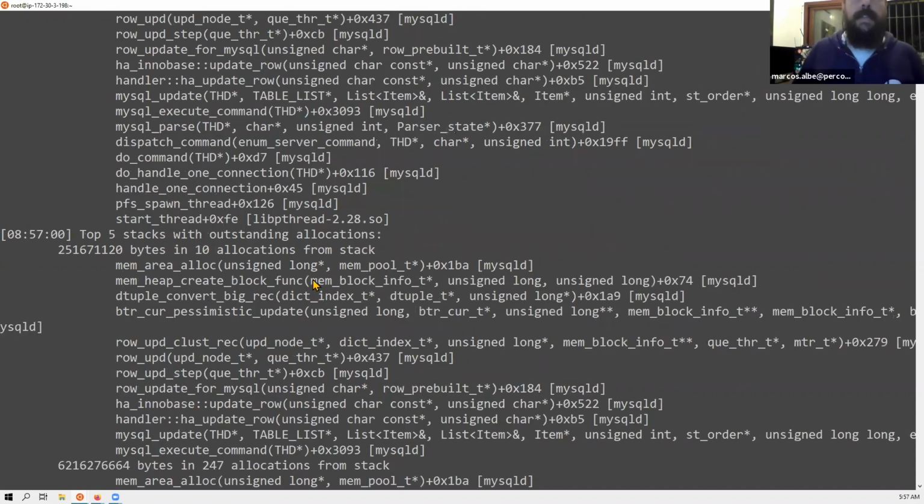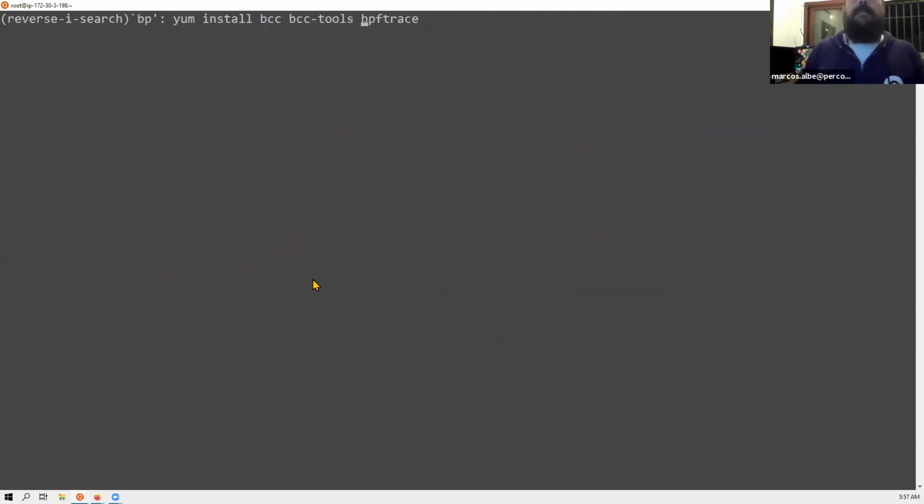And you could also do the BPF trace -e. Where is it? I don't have it. Come on. But basically, you will do this. Let me copy paste from here because I already have it.